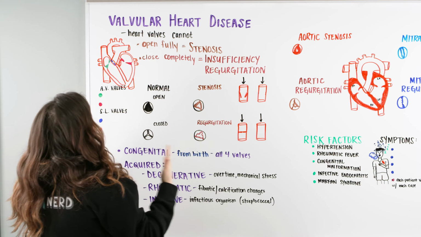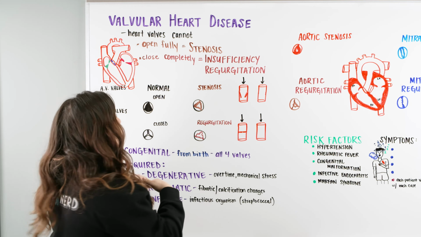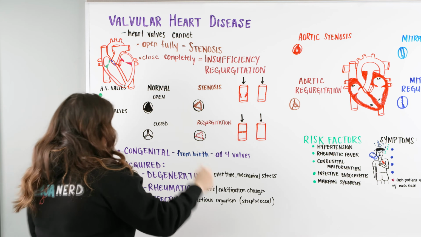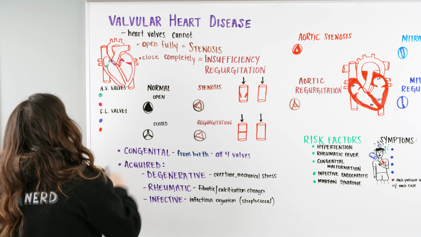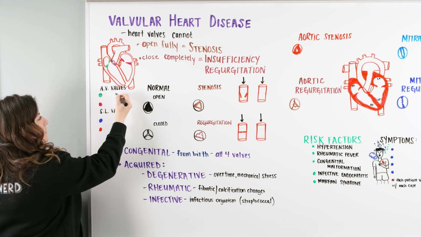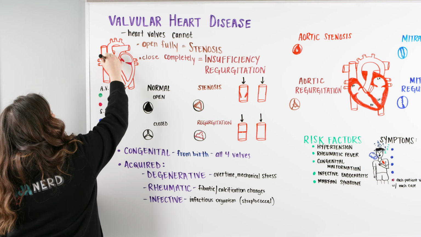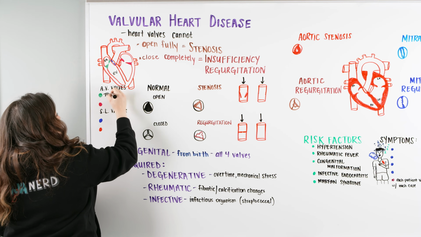So let's talk about heart valves first. We know that they just open and close as the heart pumps, and we have our four valves. Let's review really quickly what they are and where they are. We have our atrioventricular valves, or AV valves. The one that separates our right atrium and our right ventricle is our tricuspid.